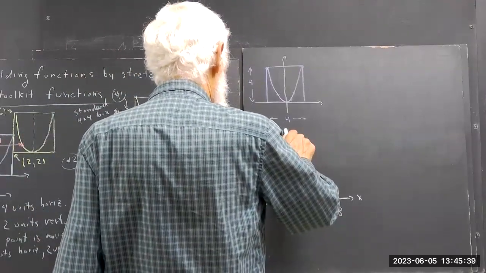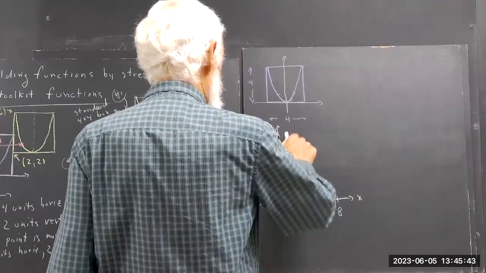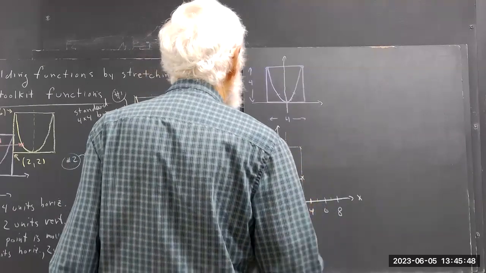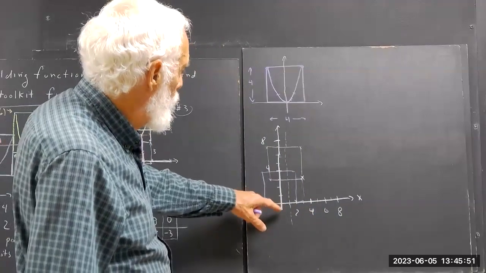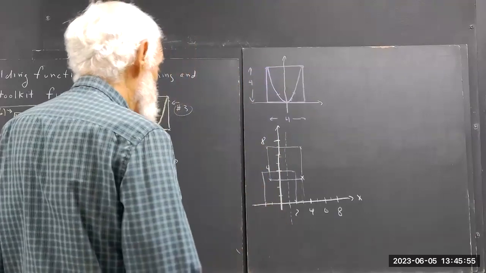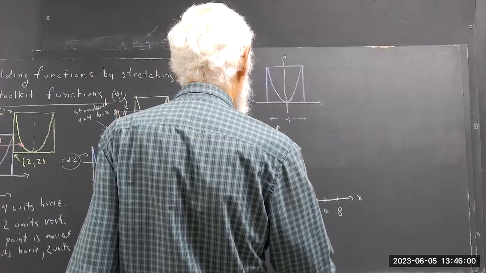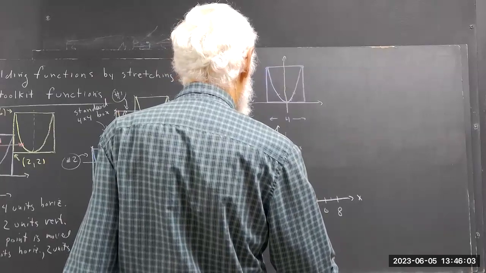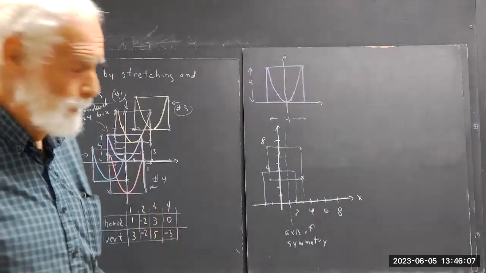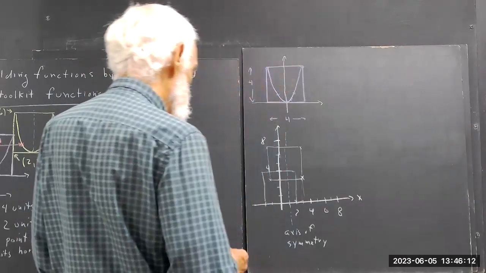If I draw the axis of symmetry, well, the axis of symmetry was the y-axis. It's moved over 1 unit. So here's our axis of symmetry. For the parabola, you don't always have an axis of symmetry, but anytime you do, you probably want to draw it within your rectangle.